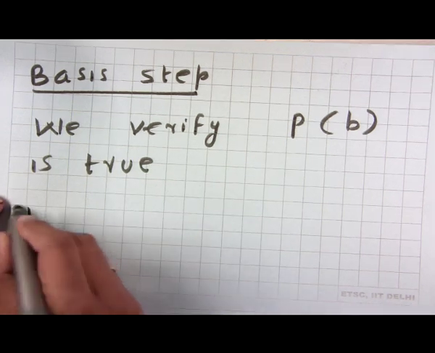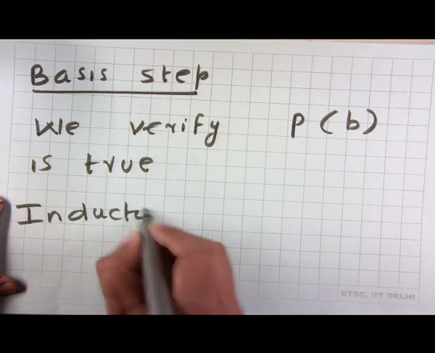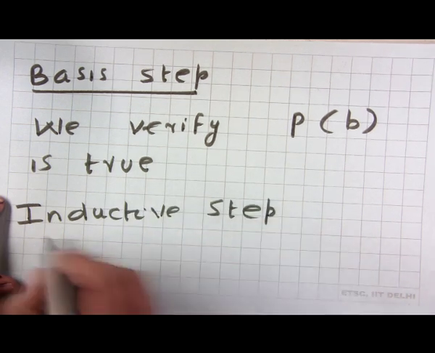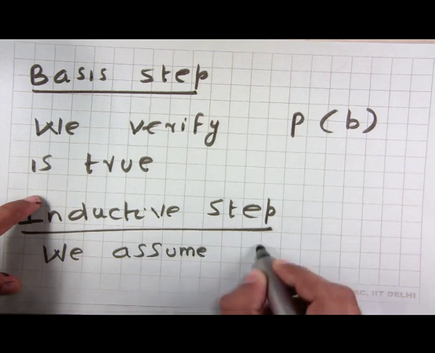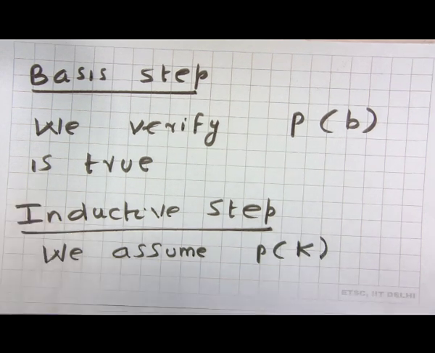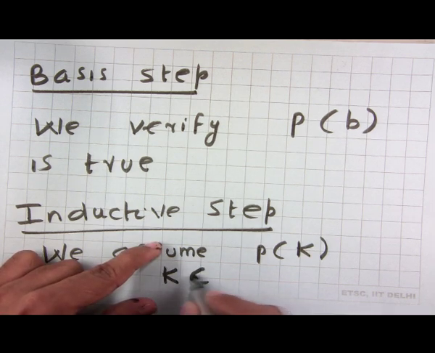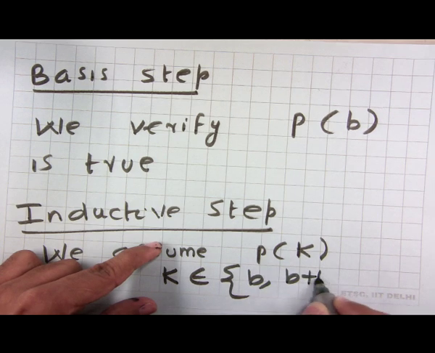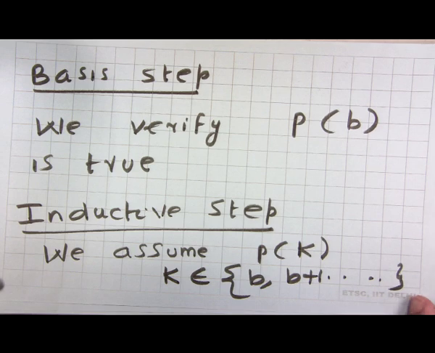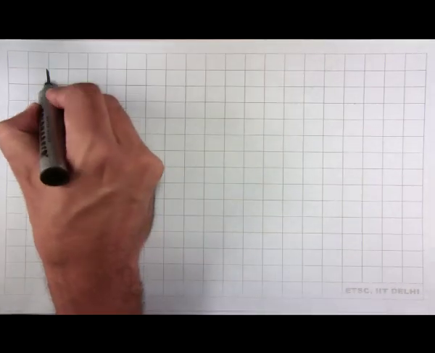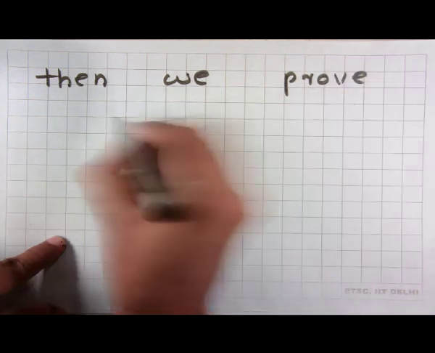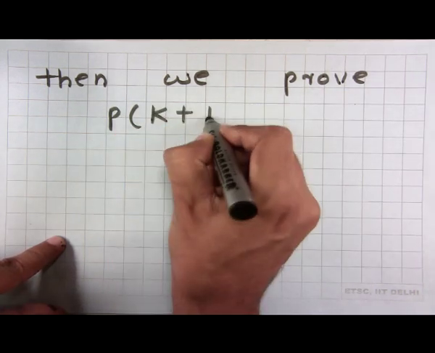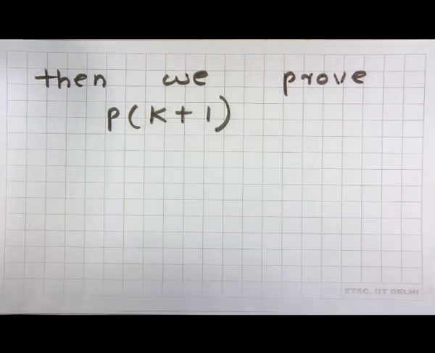And in the crucial second step, the inductive step, we assume P of k, where now k is an integer from the set b, b plus 1 and so on. And then we prove the truth of P of k plus 1. In short, the induction starts from b instead of 1.